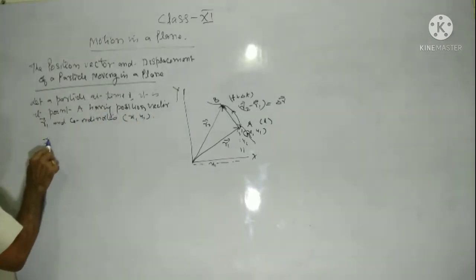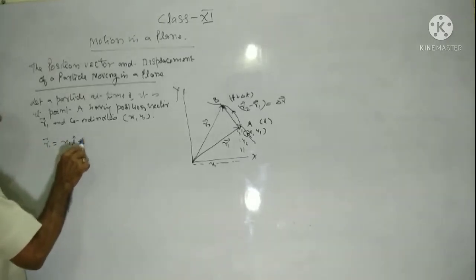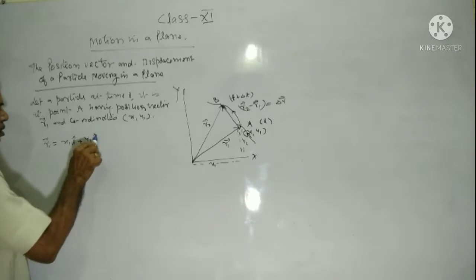Then r1 is equal to x1 i cap plus y1 j cap.